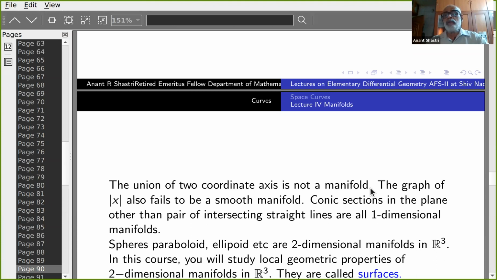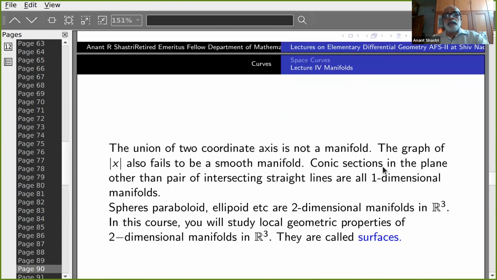Okay, now we are not going to do algebraic geometry, so we will stick to these manifolds for a while. Conic sections in the plane, other than intersecting straight lines, are all one-dimensional manifolds. Hyperbolas, parabolas, etc. Now, a hyperbola cannot be described by one single parameter from any interval.